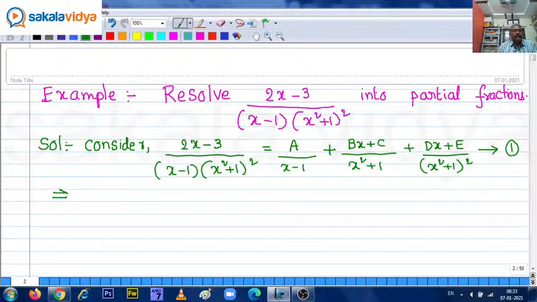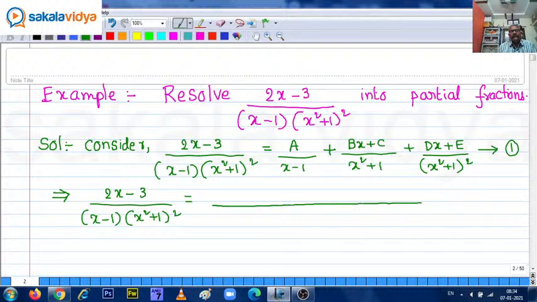So now 2x minus 3 upon x minus 1 times x square plus 1 whole square. Here, what is the LCM?